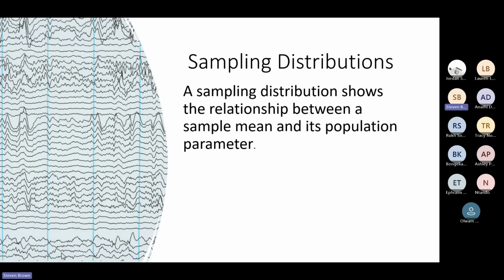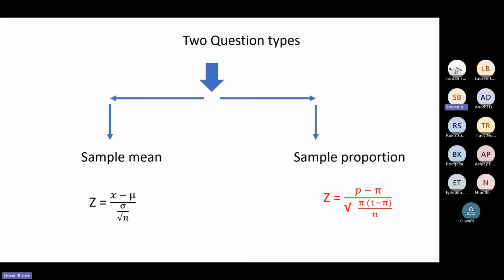Okay, so it's exactly the same as a continuous probability distribution. That's why they are so important to know. But the difference between this and the previous question is the following. You're going to have two types of formulae, a sample mean and a sample proportion.